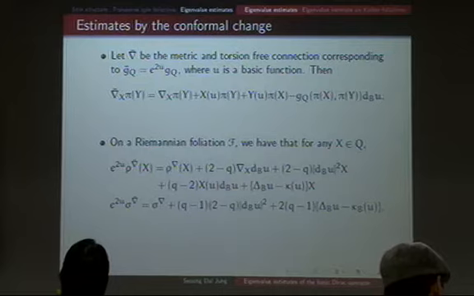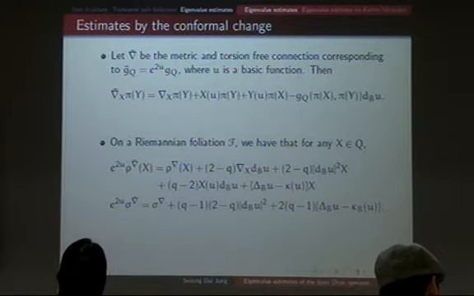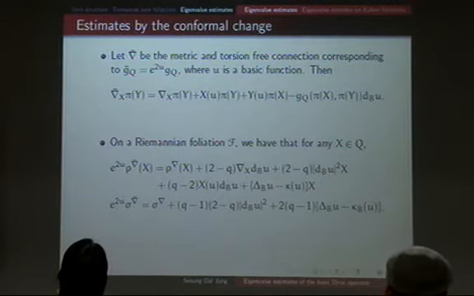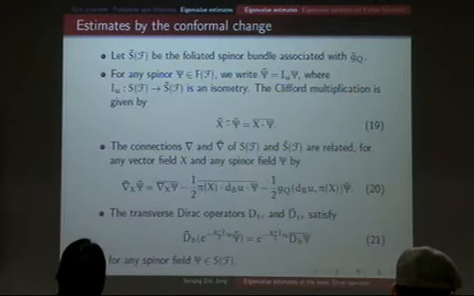Now we also change the bundle-like metric by a transversally conformal change. Then we have these equations. Also, we define the foliated spinor bundle associated with the conformal metric G bar, and we have these relations.